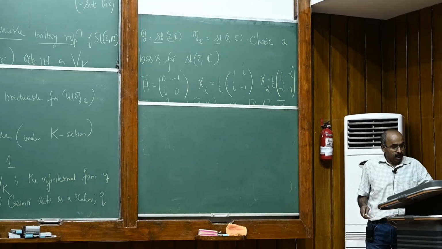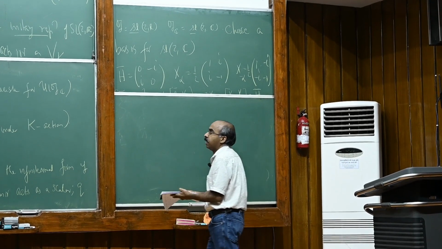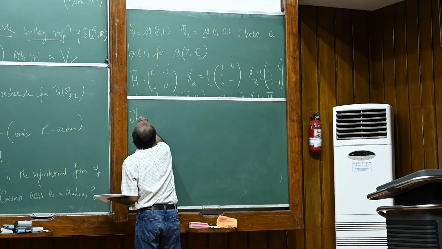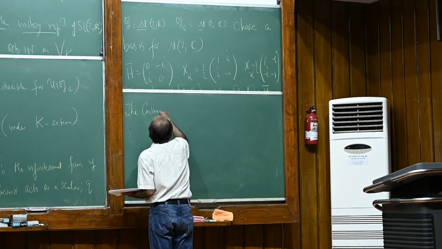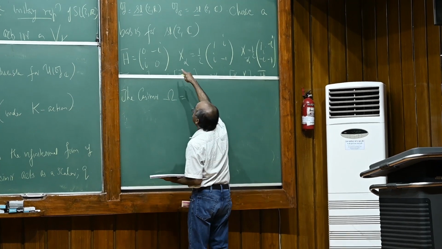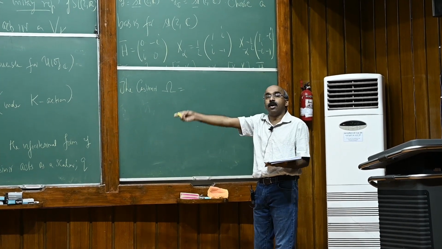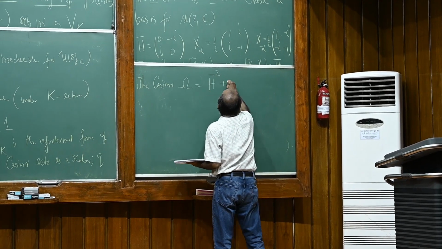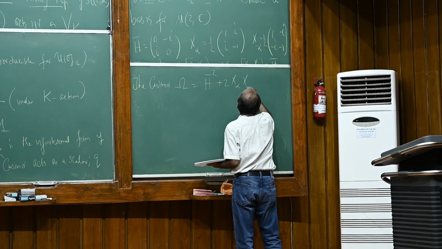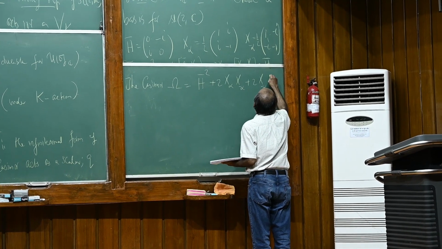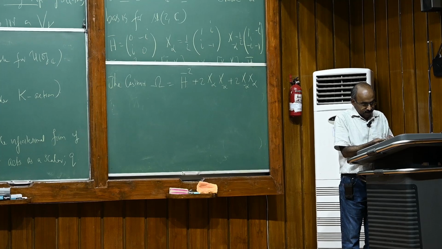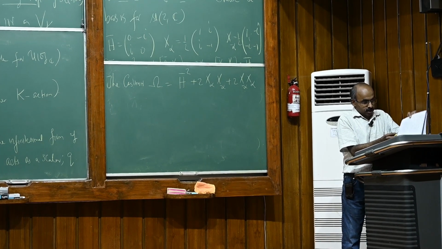Okay, so I'll write down one more fact: the Casimir. Casimir omega takes the form, so you can use these basis elements to write down the Casimir, and we'll get x bar square plus 2x alpha x minus alpha plus 2x minus alpha x alpha. Okay, just like the e plus e minus, it's the same.